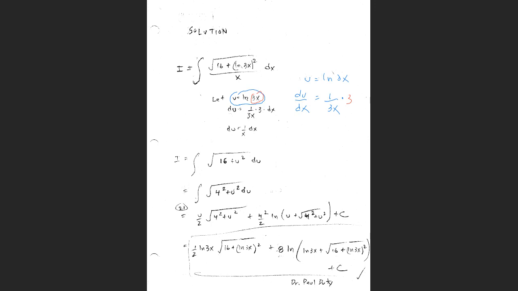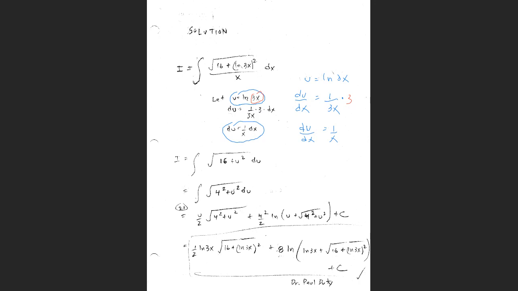And therefore du dx would equal 1 over x, and therefore du is 1 over x dx.